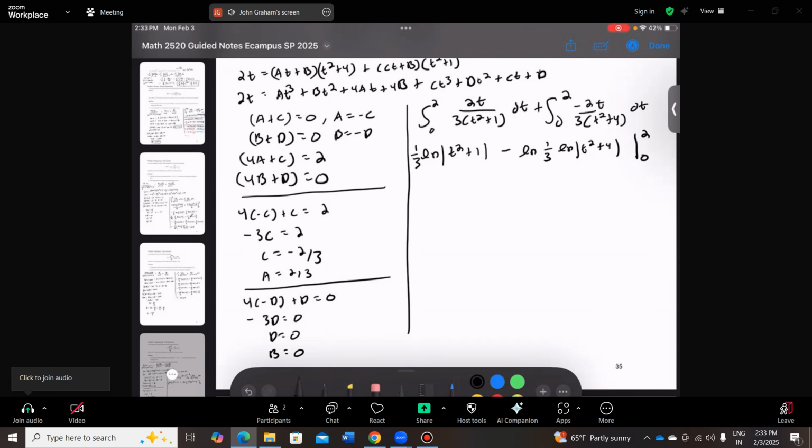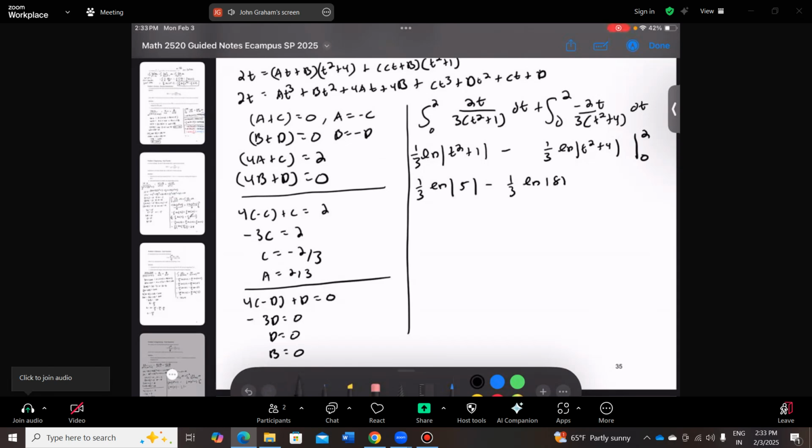Alright, so with 2, we'll have natural log of 5 minus 1/3 natural log of 8.